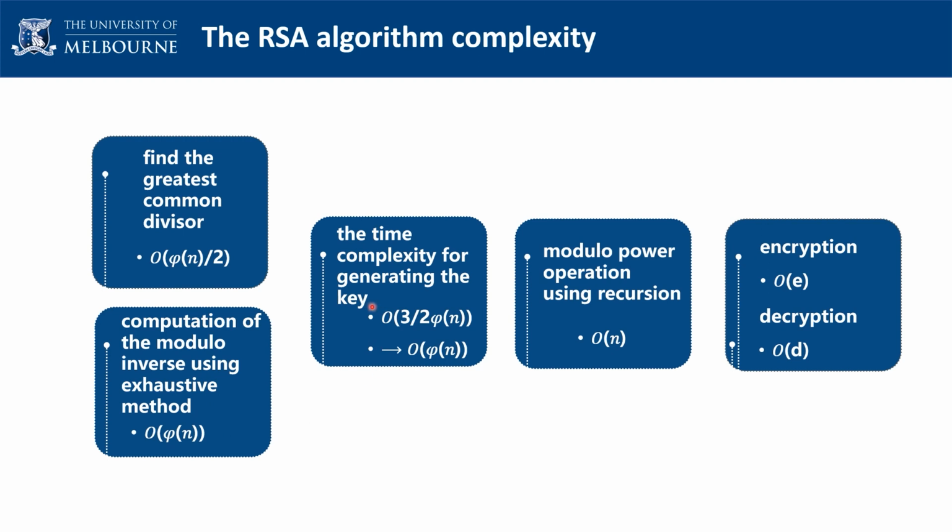So the time complexity for generating the key equals phi n. The modular power operation uses the recursion method, so its time complexity is O(n), and the time complexity of encryption is O(e), and the decryption is O(d).